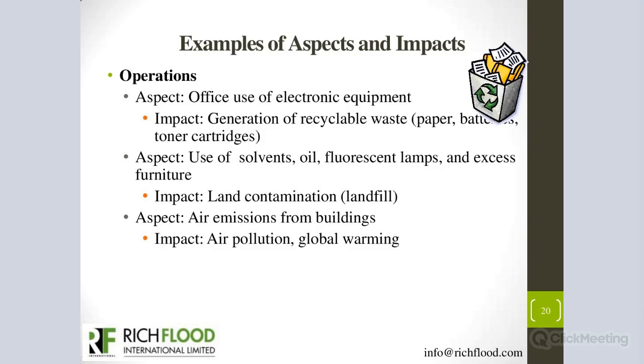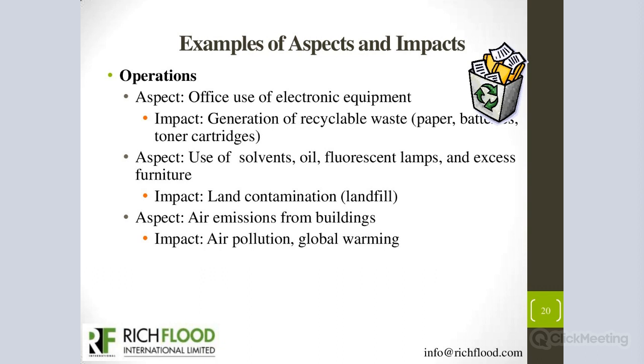And now let's see examples of environmental aspects and impacts. Let's take for instance during the operation phase in an organization, the aspects might be the office use of electronic equipment, and the impacts that may be generated as a result of the use of this electronic equipment might result in the generation of recyclable wastes such as paper, batteries, toners, and cartridges.